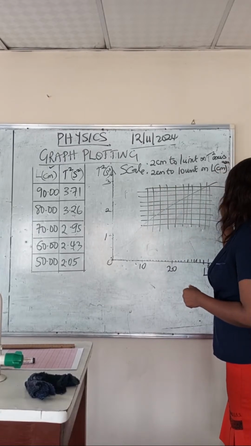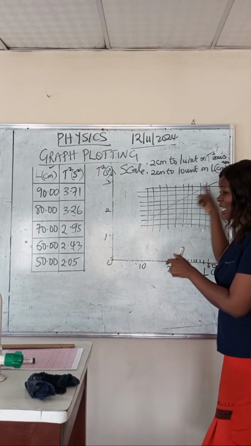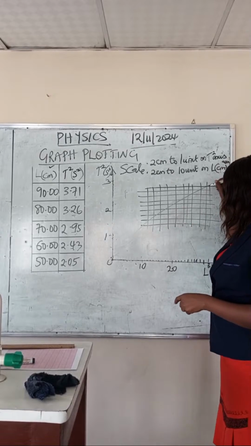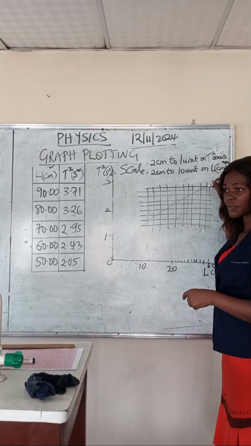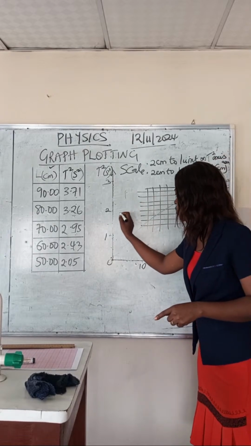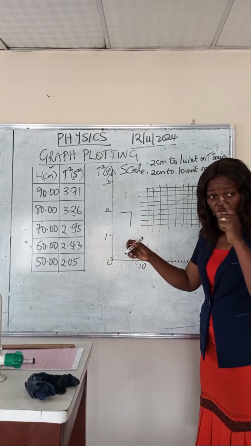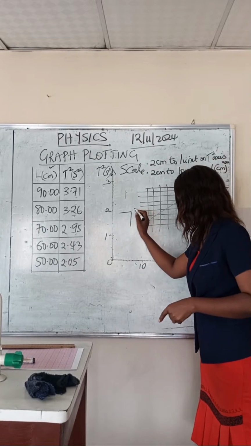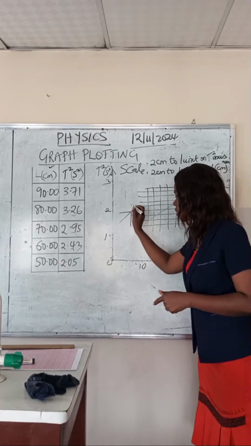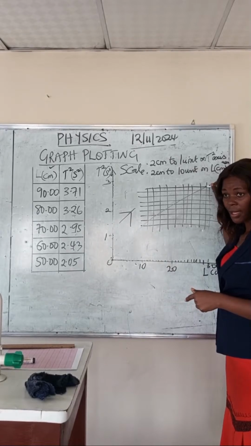I am looking for a point where this line I just joined now cuts the graph at an edge like this. For example, I have horizontal and vertical, right? Yes, ma'am. Then the line I just drew will cut it at a point, something that has horizontal and vertical, like this. Is it clear?